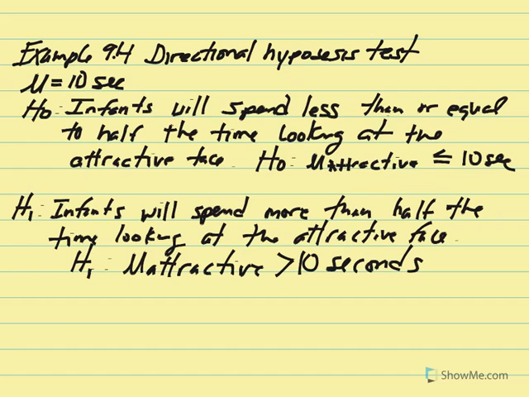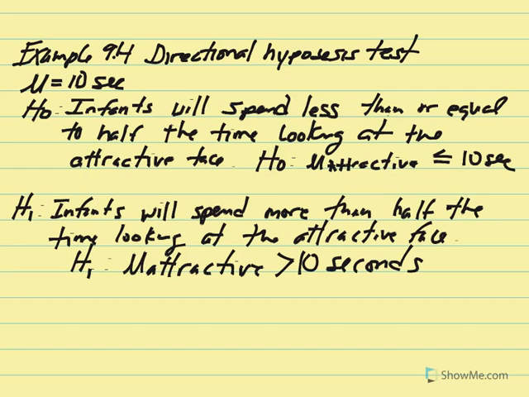Step one of our hypothesis process indicates that we must state the research and null hypothesis. So the null could be stated in this manner. The null states that infants will spend less than or equal to half the time looking at the attractive face. The notation reads that mu attractive is less than or equal to 10 seconds.